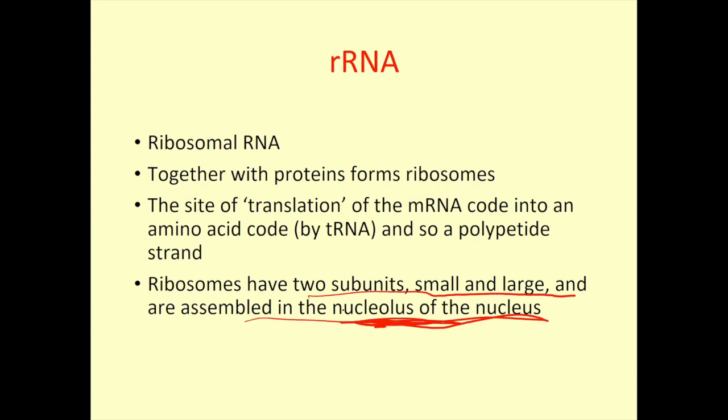That's a part that we do need to know. You'll find the ribosomes in the cytoplasm or on the rough endoplasmic reticulum. They're all made in the nucleolus, folks, so don't forget that.